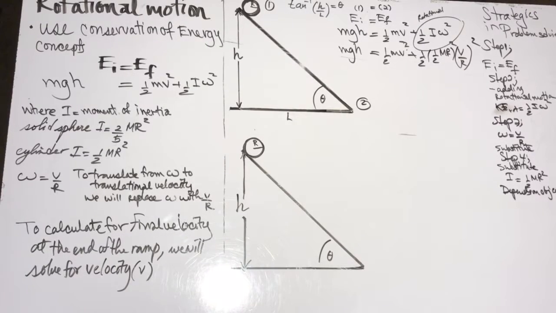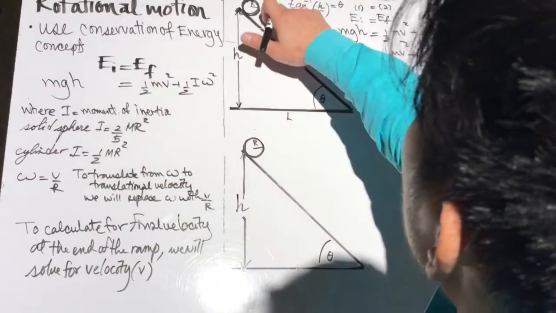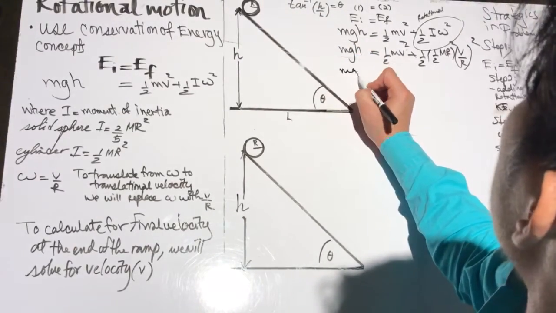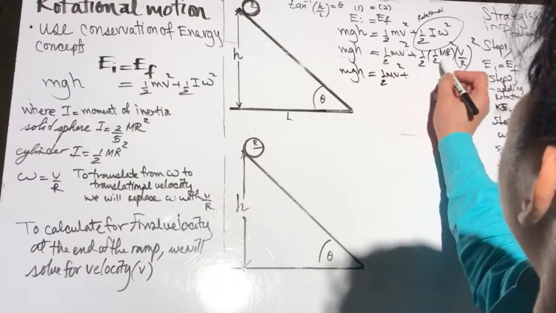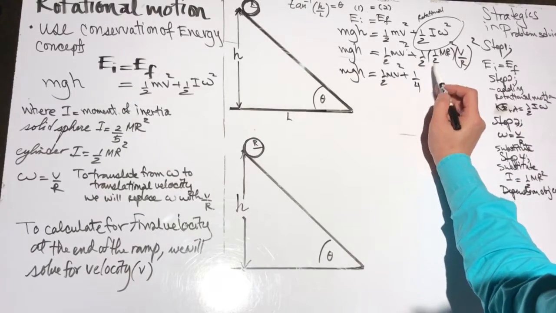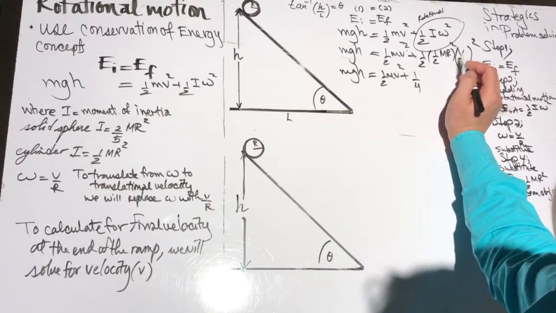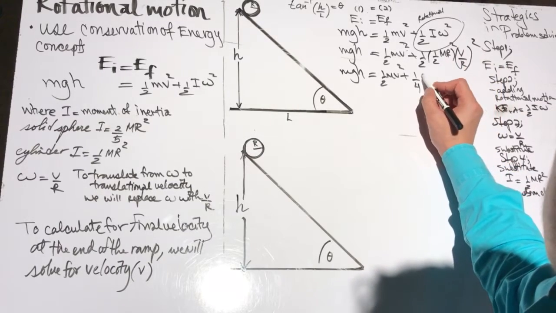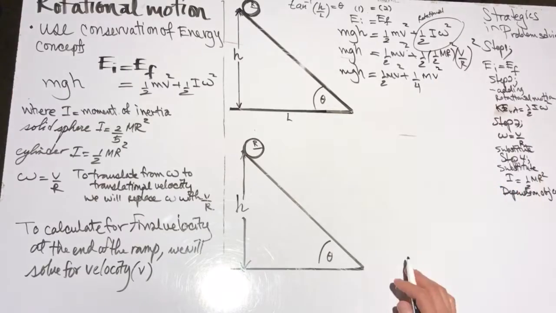It will get a little bit more complicated in just a minute because we have to do a lot of canceling. So mgh is equal to 1/2 mass times velocity squared plus 1/4 of that one, because when you multiply 1/2 it is equal to 1/4. And then I'm just going to go ahead and cancel the radius squared. So I will have m velocity squared.